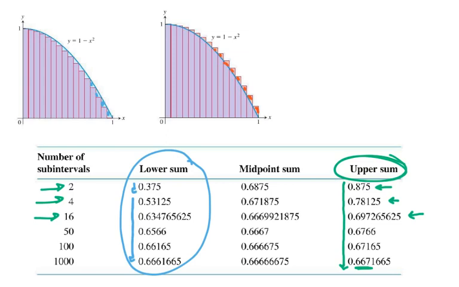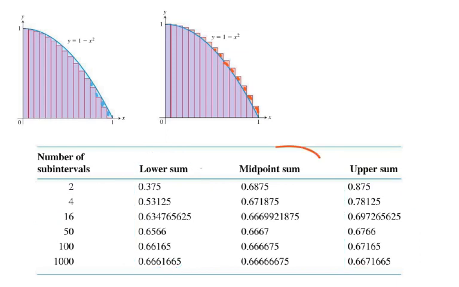And at 1,000 rectangles, once I've made 1,000 of those tiny little rectangles and added all their areas together, again we get another value which is decidedly close to 2/3. So let's look at the difference here for just the midpoint sum. The upper sum is greater than that, and the lower sum is less than that. And the midpoint sum is pretty close to 2/3.